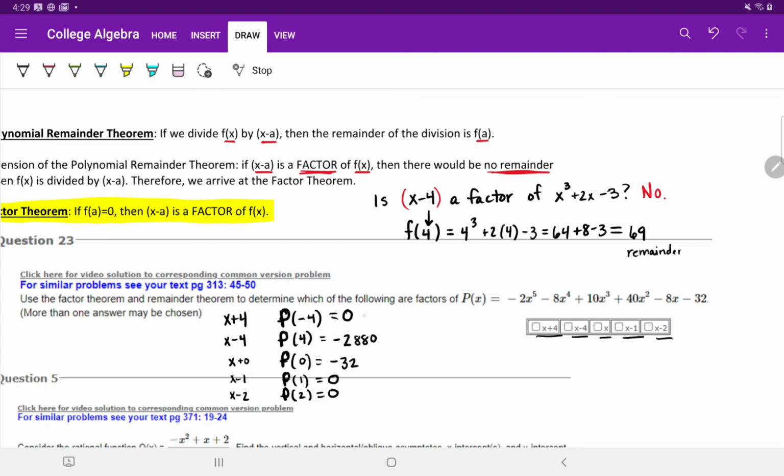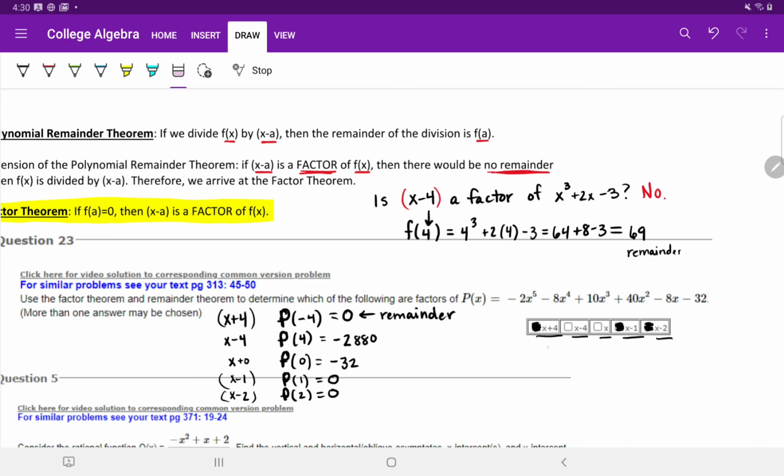So the remainder is the value we just found. We found the remainder when we divide. If the remainder is 0, then that is a factor. So x plus 4 is a factor. X minus 1 is a factor, and x minus 2 is a factor.